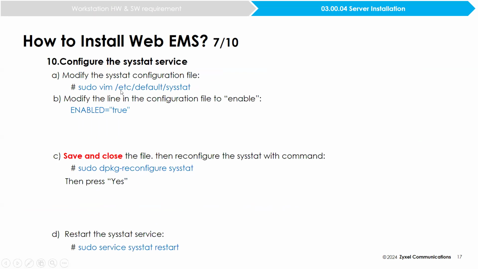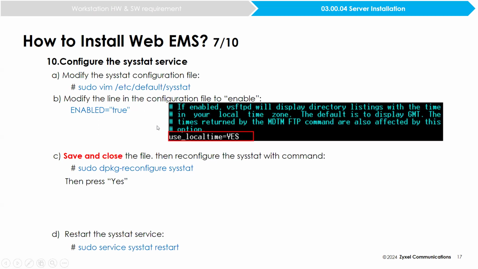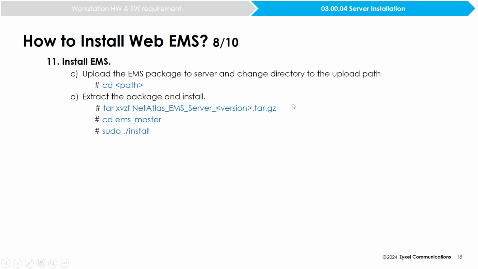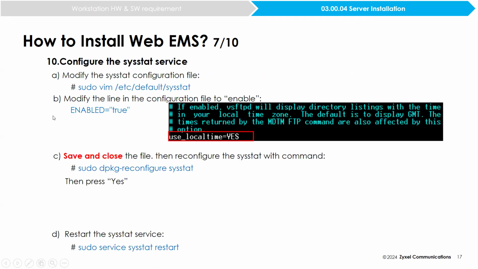Okay, and step 10 is nearly the same. We need to make a configuration change in the configuration file. I think I grabbed the wrong screenshot here. The actual thing we need to do is change this parameter in the configuration file.